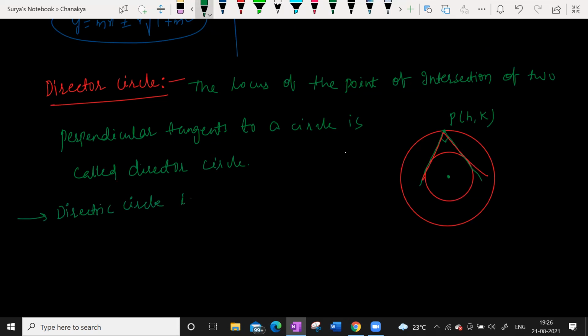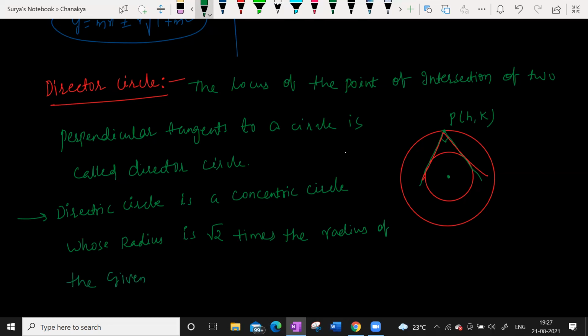Director circle is a concentric circle whose radius is root 2 times, very very important, root 2 times the radius of the given circle.